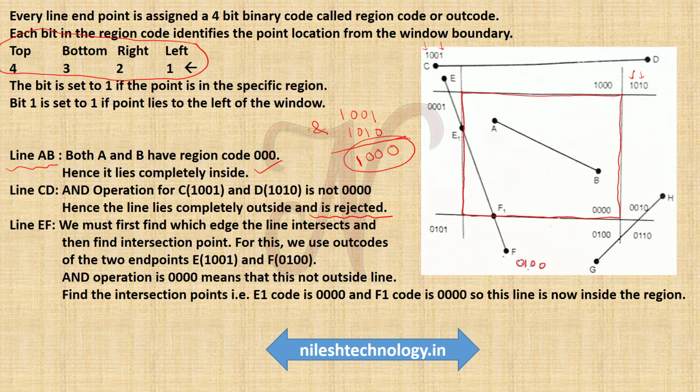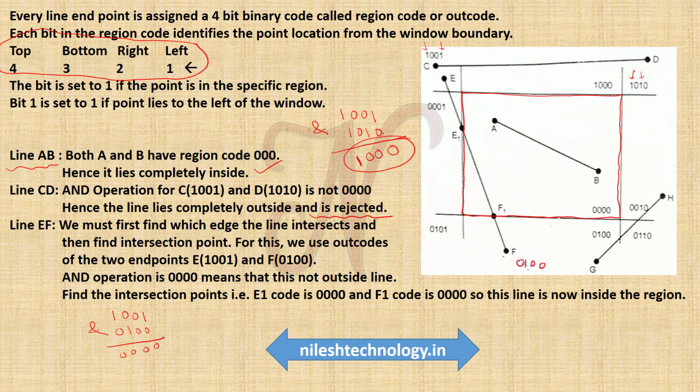Now we consider the line EF, which intersects the region. Point E is 1, 0, 0, 1 and F is 0, 1, 0, 0. We perform the AND operation: the result is 0, 0, 0, 0. This means it is not rejected, so the line intersects the region.